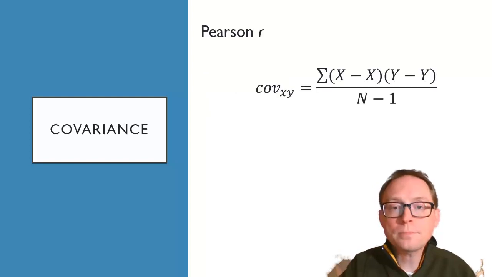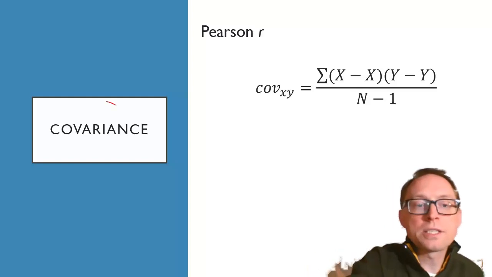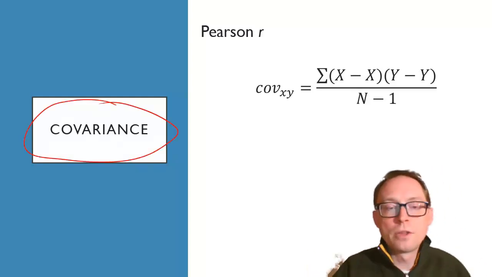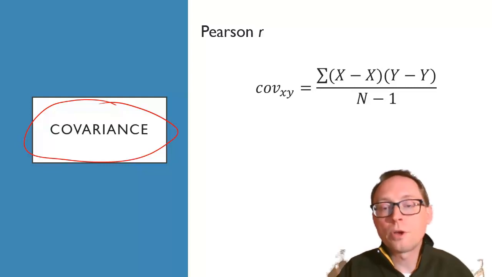All right? The first step for calculating a Pearson's r is to calculate something called the covariance. This is not the full formula for Pearson's r. The first thing we're going to do is calculate the covariance.